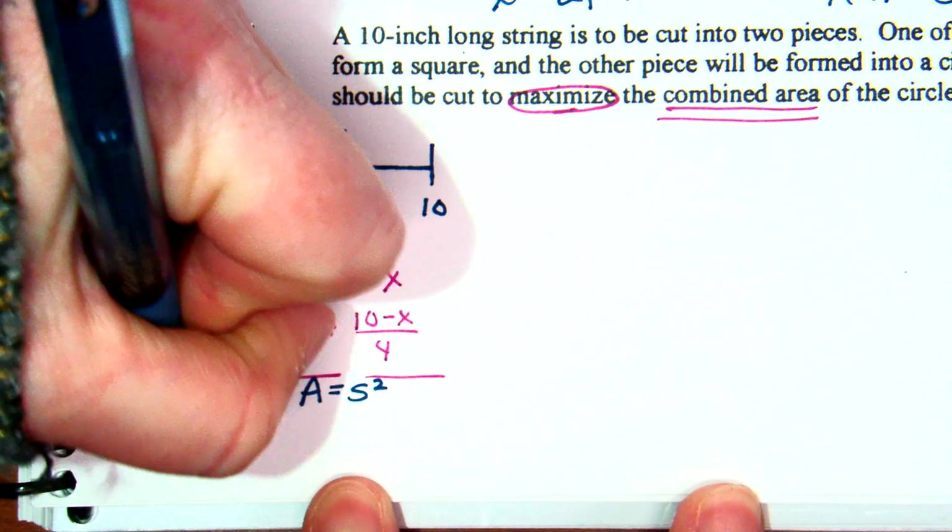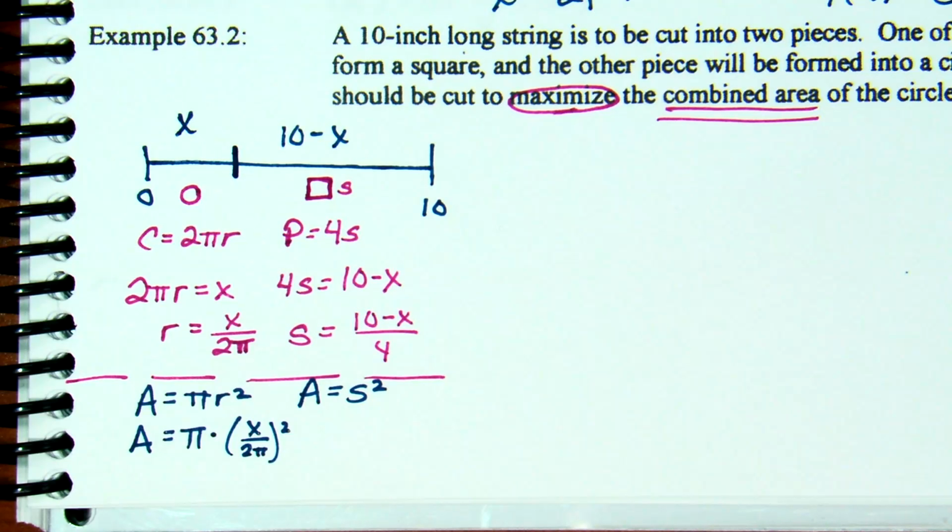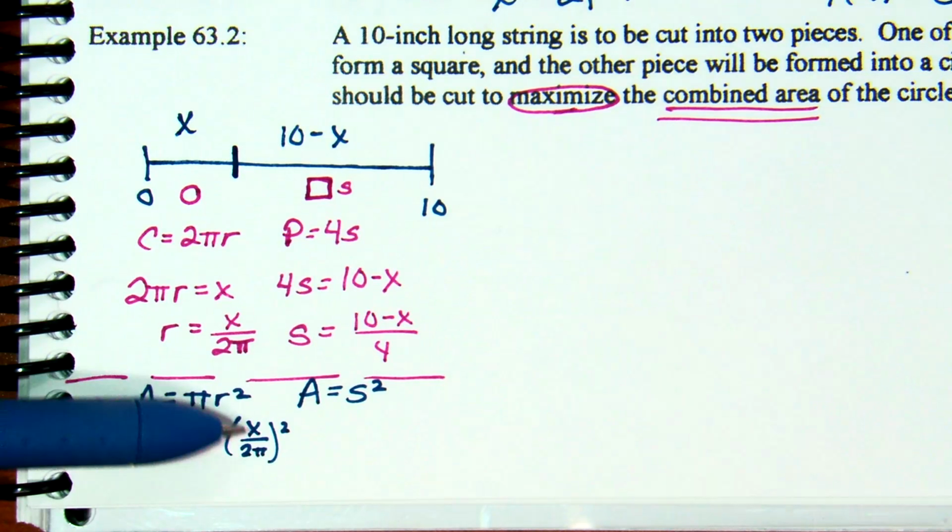Let's see, is there any cleanup that can happen there? There's a little cleanup that could happen. So when we square this, x squares and becomes x squared. The denominator, when you square 2 pi, 4 pi squared. But what do you notice about, we have this other pi out here?